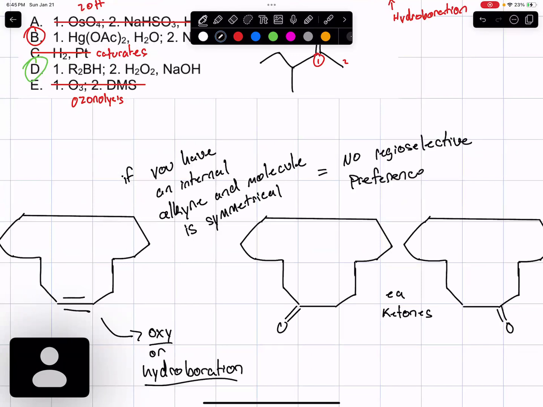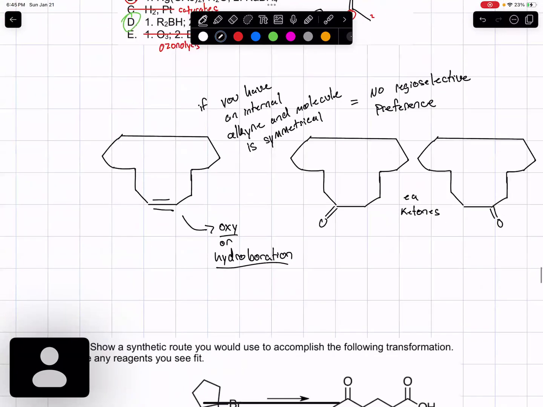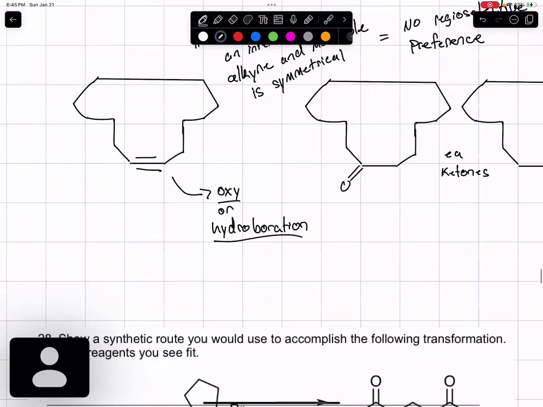In plain English, if you have an internal alkyne with no other substituents, especially when it's symmetrical, you can't tell whether it's anti-Markovnikov or Markovnikov, more substituted or less substituted. You could use either of these two reagents. Either reagent would be possible.